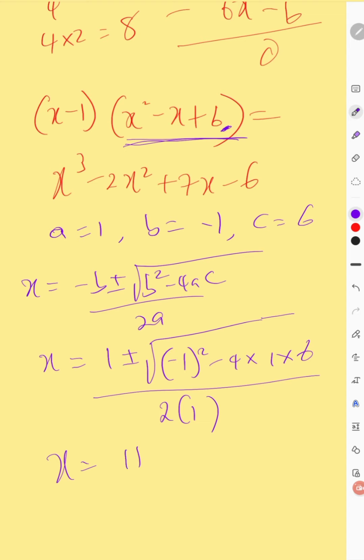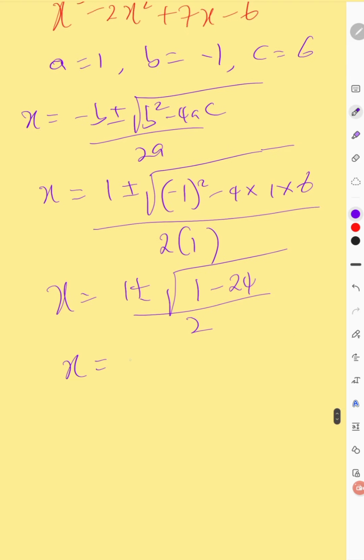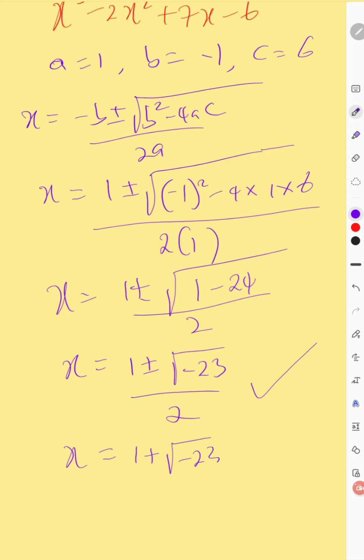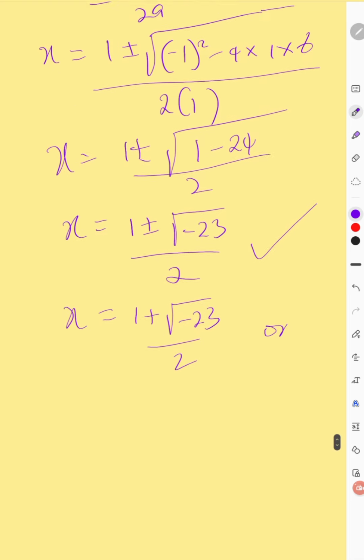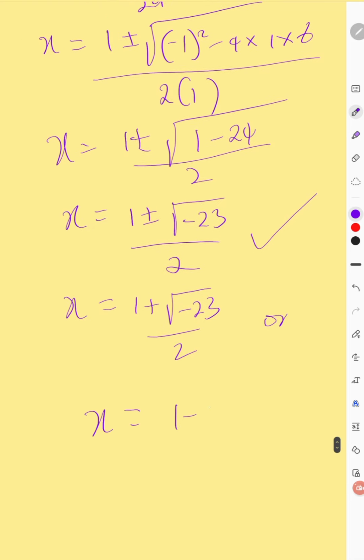So x will now be 1 plus or minus square root of 1 minus 24, all over 2. So x becomes 1 plus or minus square root of minus 23, all over 2. This can be a value of x, but it is a complex value, not a real value. So it's either that x is equal to 1 plus root negative 23 all over 2, or x is equal to 1 minus root negative 23 all over 2, or x is equal to 1.